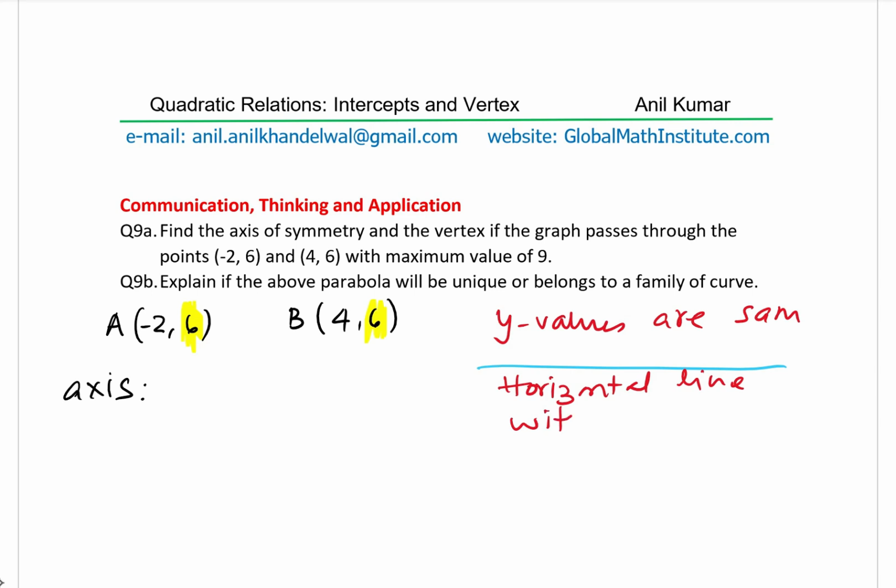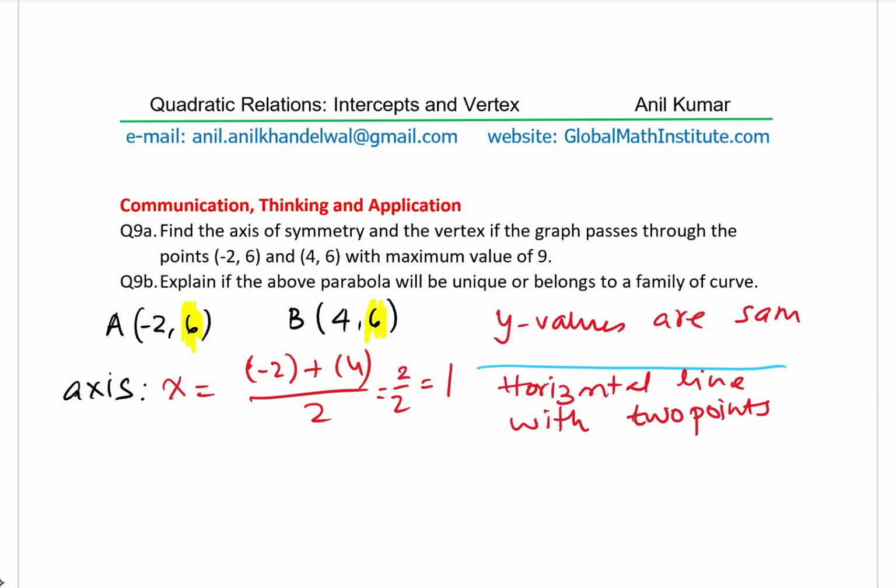Correct? And therefore the axis x is the average value. So we do minus 2 plus 4 divided by 2 to get the axis, which is 2 over 2 equals 1. Correct? So we get our axis.